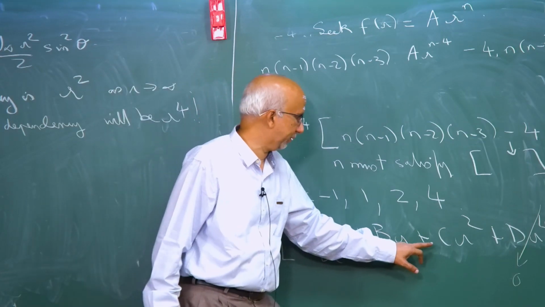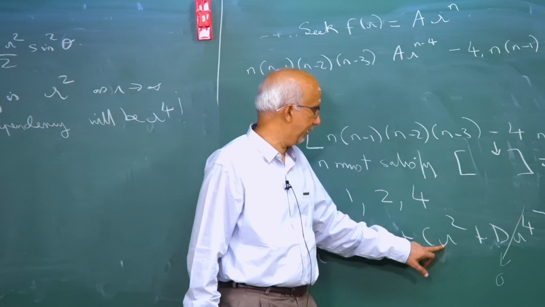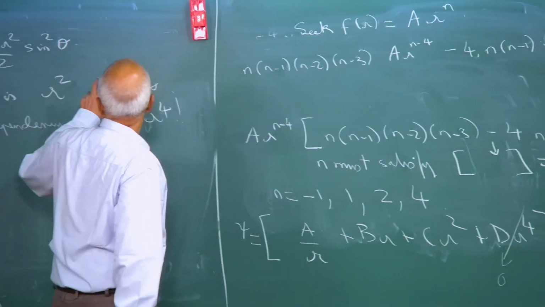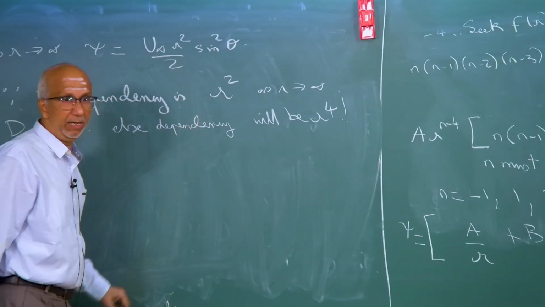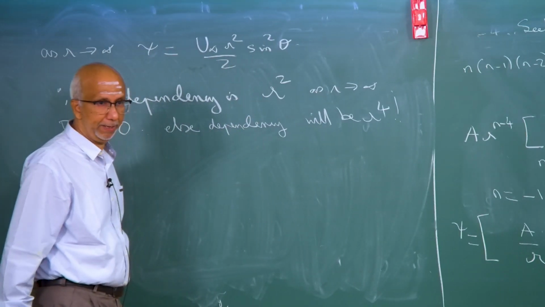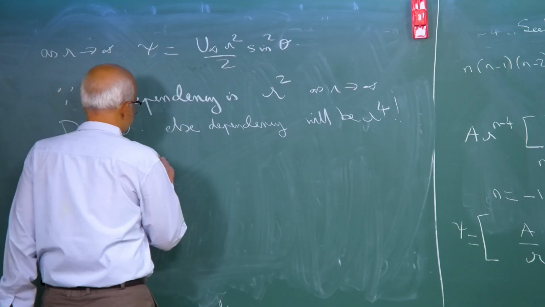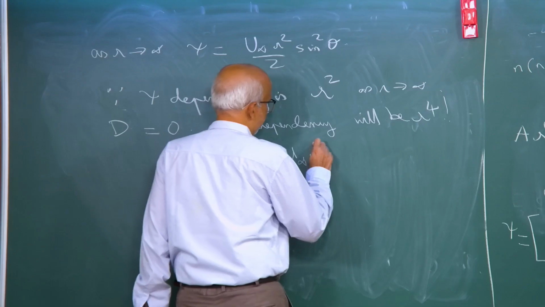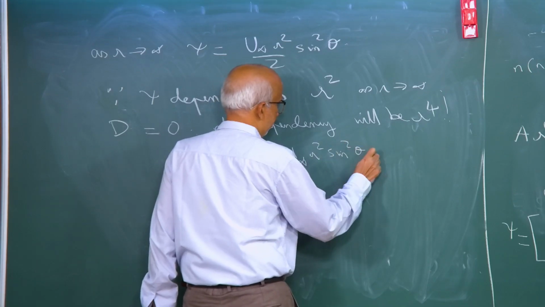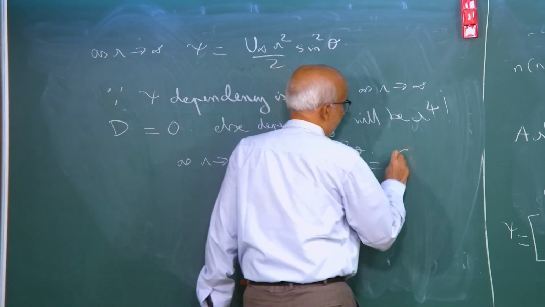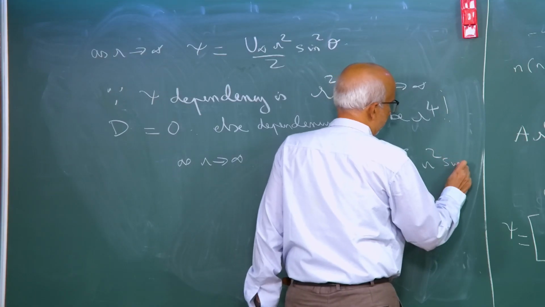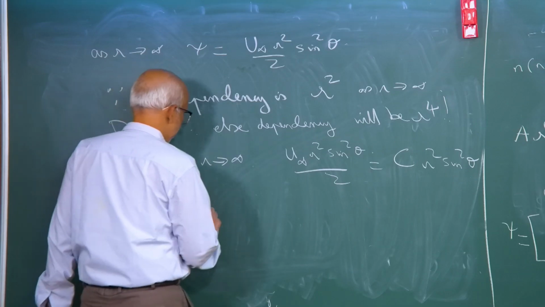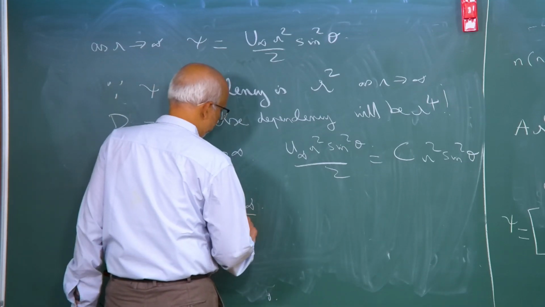So, I can calculate C by saying that as r goes to infinity, C r square sin square theta must match u infinity r square sin square theta by 2. And so C is u infinity by 2.